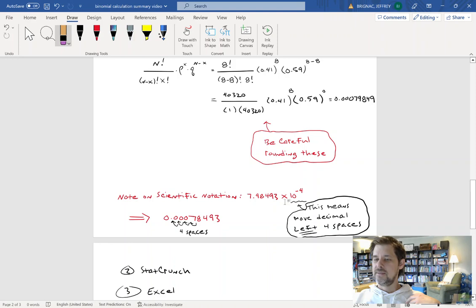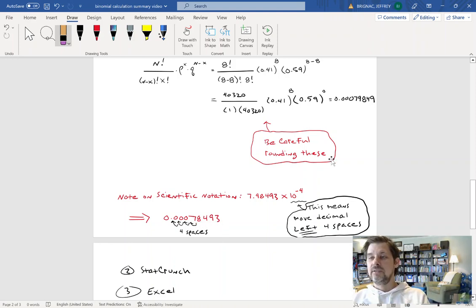That times 10 to the minus fourth power just means that we're going to take this number, 7.98493, and we're going to move the decimal left 4 spaces. So if I do that, it's going to look like this. There you're seeing it. Say I take that decimal and scoot it left 4 places and the zeros show up in the empty spots. I'll get 0.00078493.